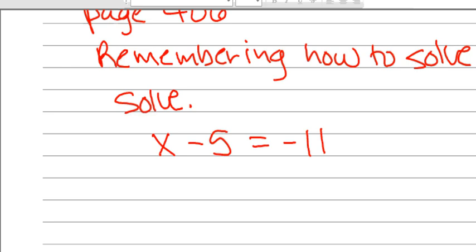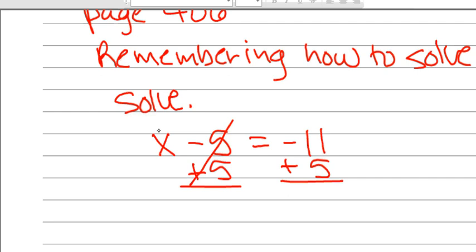So do we remember how we would get x alone by himself? We need to get rid of this minus 5, so we do the opposite. We add 5 to both sides. What we do to one side, we do to the other to balance it out.